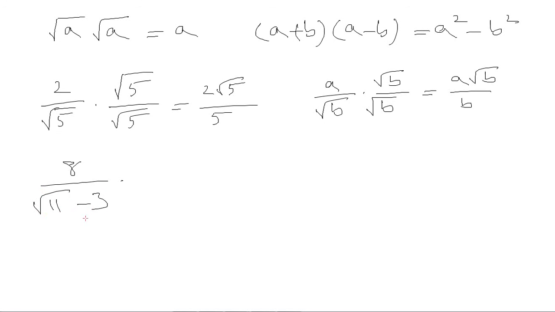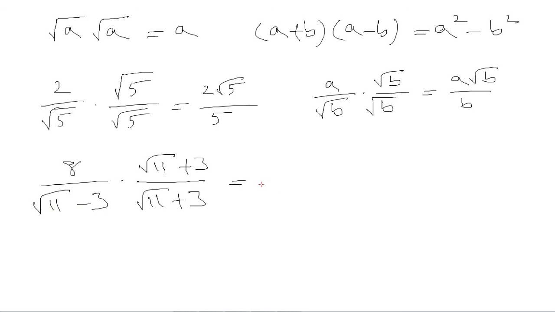What you need to do is multiply both numerator and denominator by a plus b, which is radical 11 plus 3. Why do you do that? Because if you multiply both numerator and denominator by the conjugate of the denominator, you can rationalize the denominator.